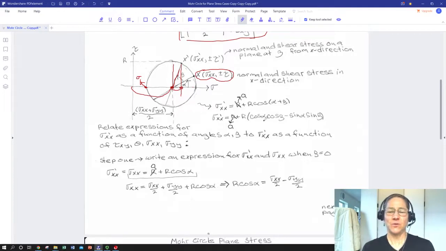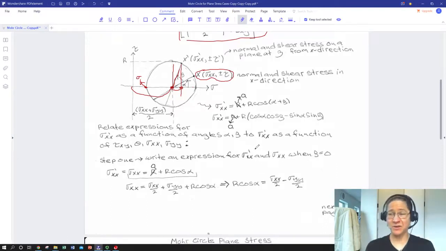So first, let's not tilt the plane. Let's just write an expression for the normal stress on some plane that's not tilted, if we don't have any tilt. So we're going to write an expression based on the Mohr circle location of just where the x-axis is pointing.